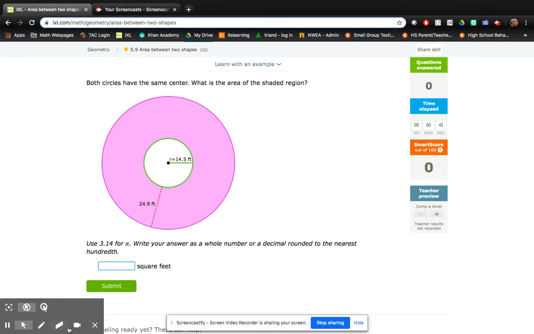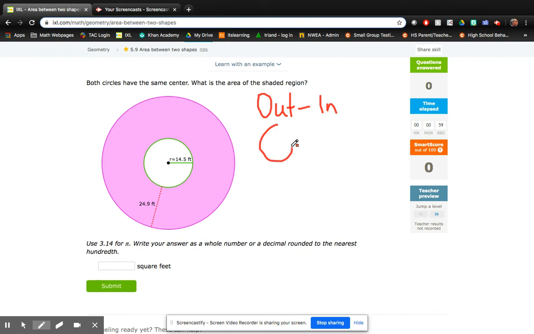So in this case, I always want to think about subtracting my outer figure minus my inside figure, okay? And in this case, that's going to be a big circle minus a small circle.